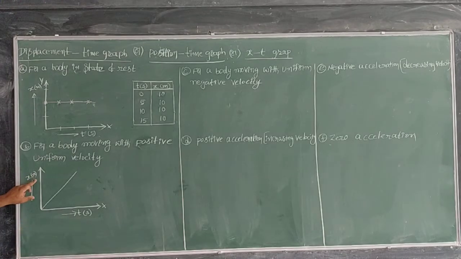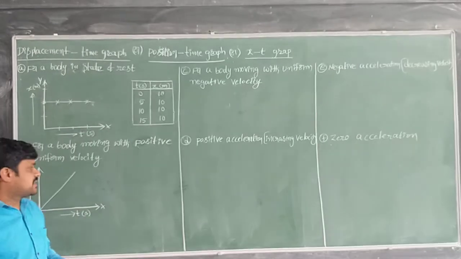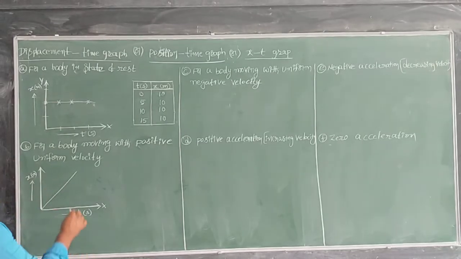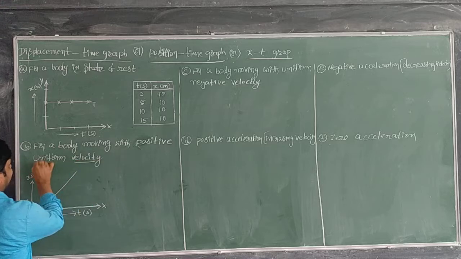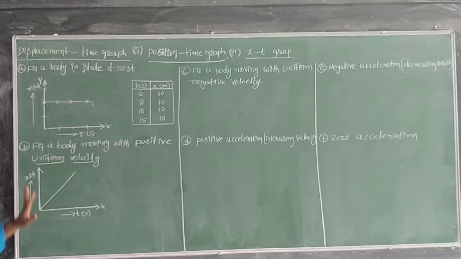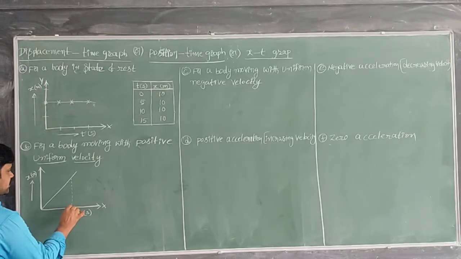This linear line tells us the motion is uniform, with uniform velocity. Suppose you take any two points during its motion.